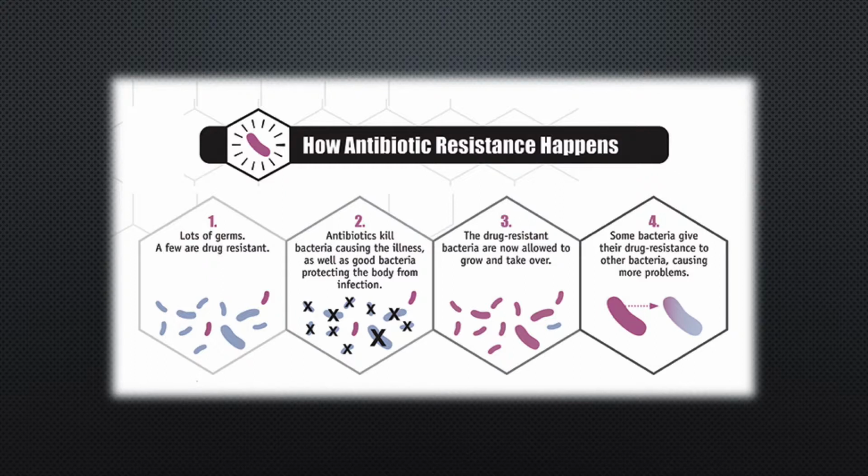So taking antibiotics inappropriately kills the good bacteria, which allows drug-resistant bacteria to grow and take over, and basically run the show. The last step is that some bacteria can become drug-resistant and then spread to others and multiply.